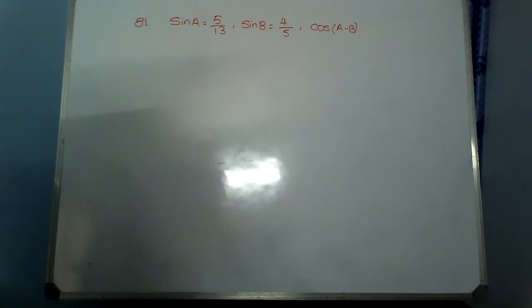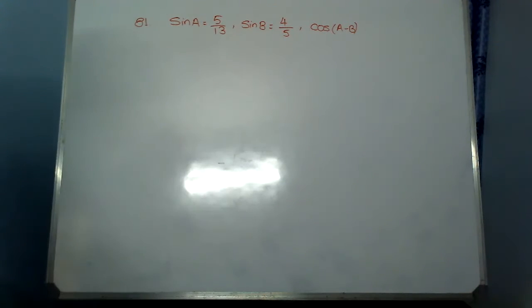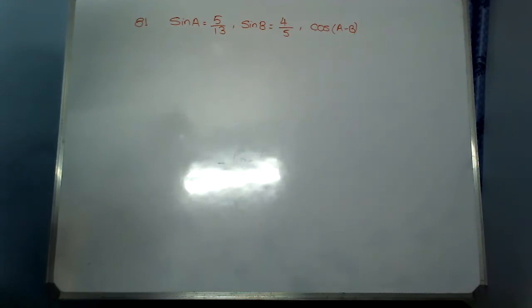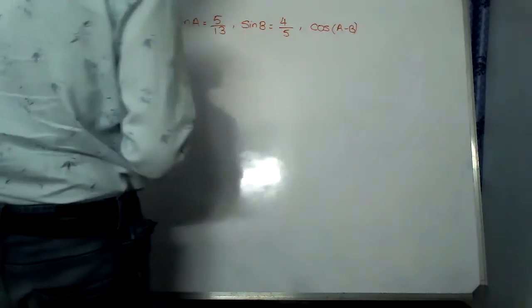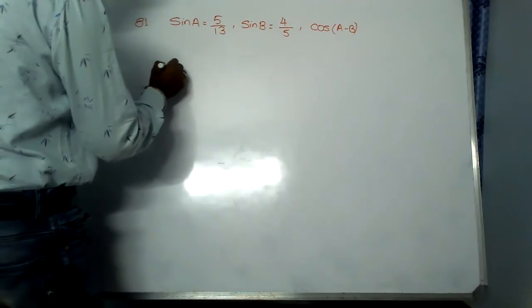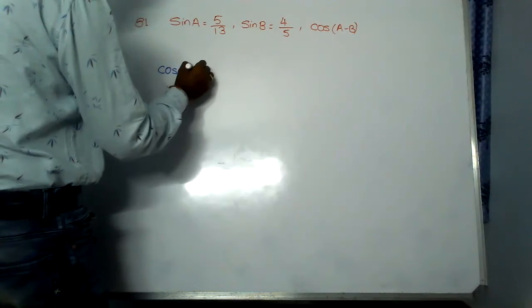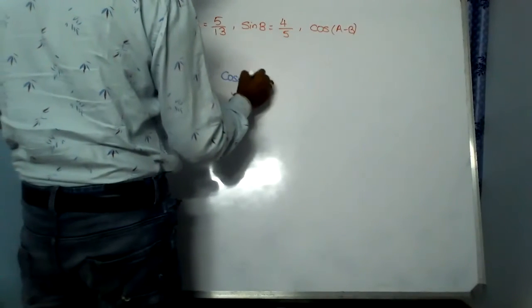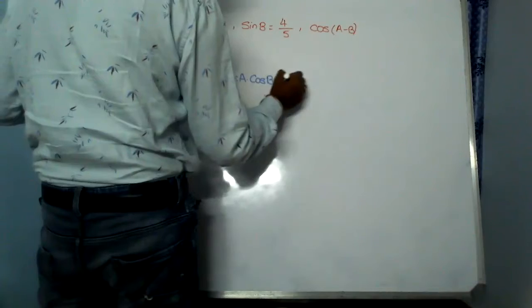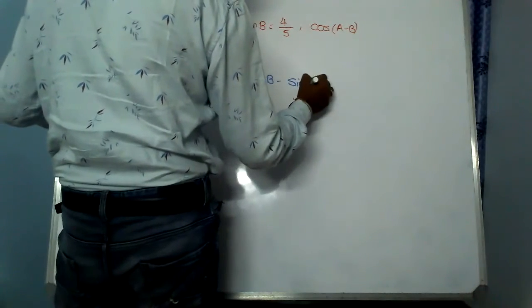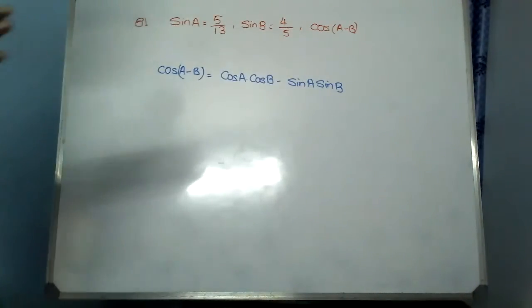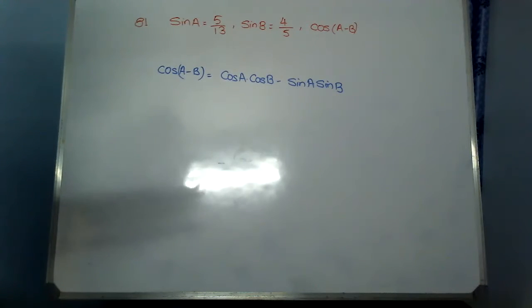So if you remember the cos A minus B formula, it is cos A into cos B plus sin A sin B. So cos A minus B, which I have to find out, we have a direct formula.